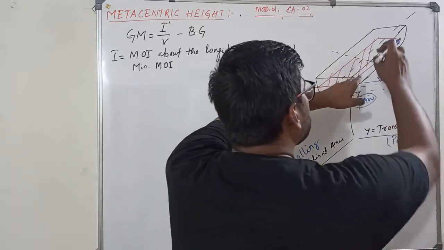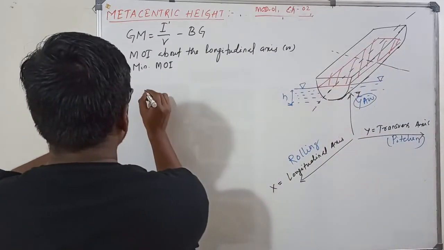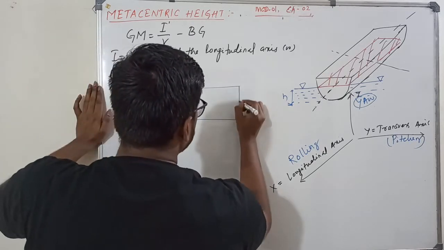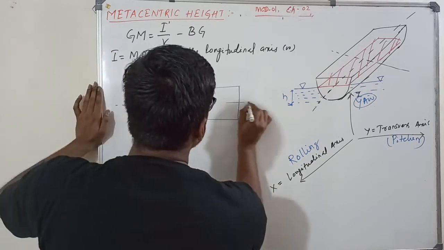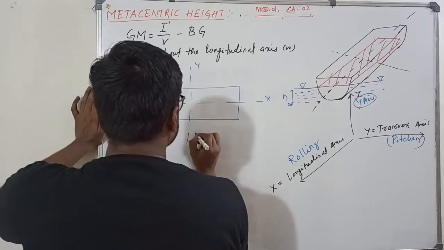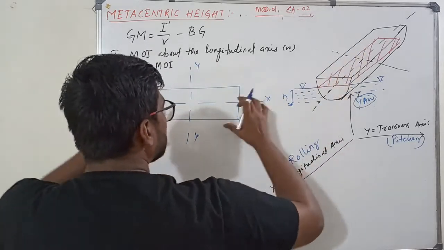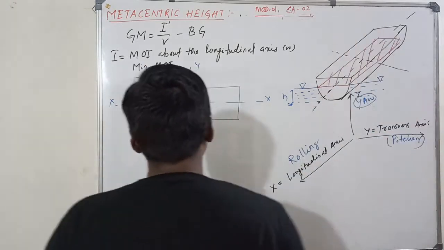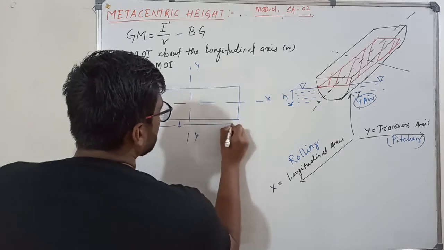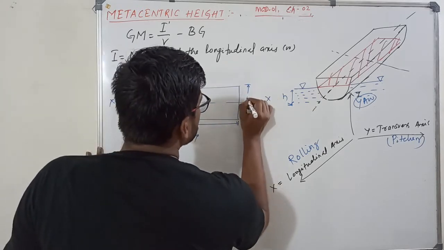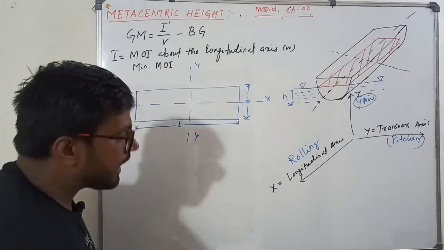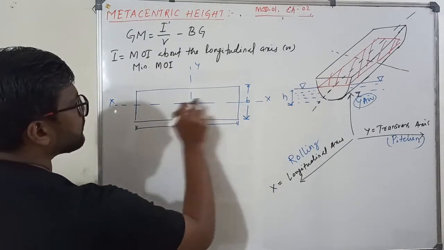Now this particular area only I am drawing here. This is your longitudinal axis xx, this is your transverse axis yy. It was like this, tilted. What is this length? This length is L. Let us say this length is B. What will be the moment of inertia about the x axis?